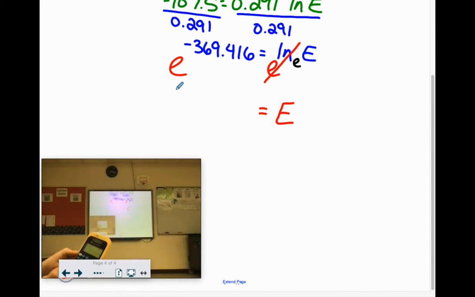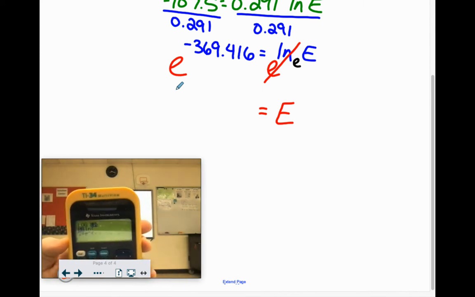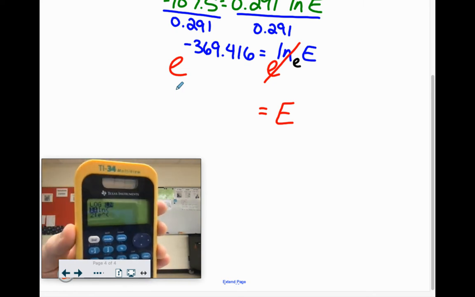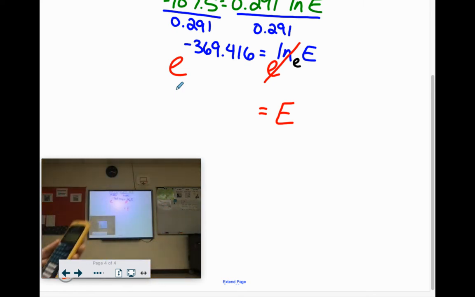My second option there is e to the whatever power. Wow, that's really not working there. All right. So e to the negative 369.416 power, 0. That doesn't seem right.